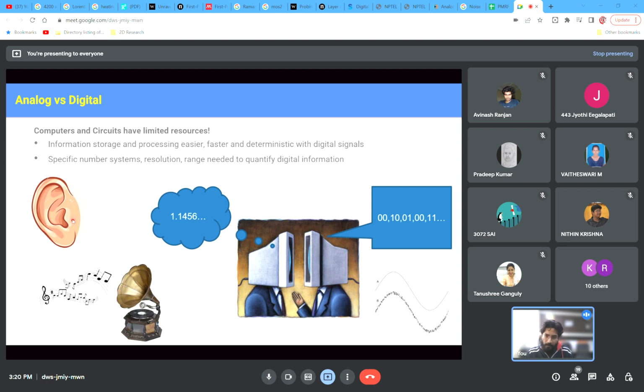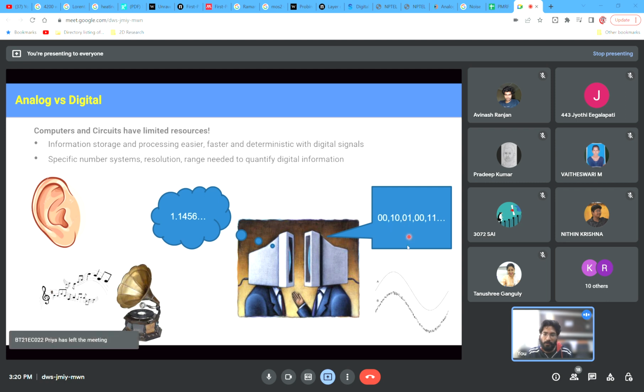When we listen, our ear receives it and the brain processes the analog signal quite fast. There is a difference in how the human brain works and how the CPU works. A CPU has limited resources, and a computer might be doing many parallel tasks, but the same is not the case with a human brain. So it would like this music better instead of hearing 0 1 0 1.